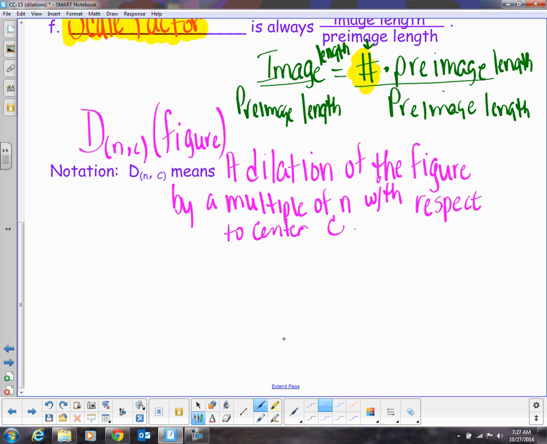This is what you're going to do in your project to your floor plan. To the two rooms that I've assigned you, you are going to do a dilation. A dilation is either an enlargement or a reduction. And you're going to be doing an enlargement because your floor plan's already tiny.